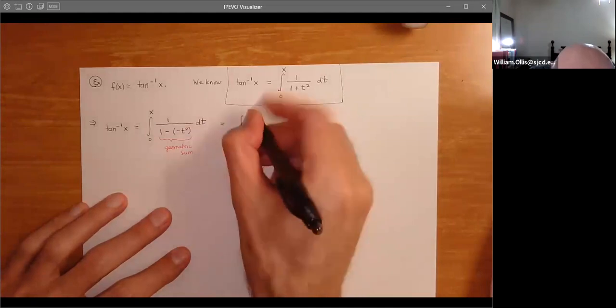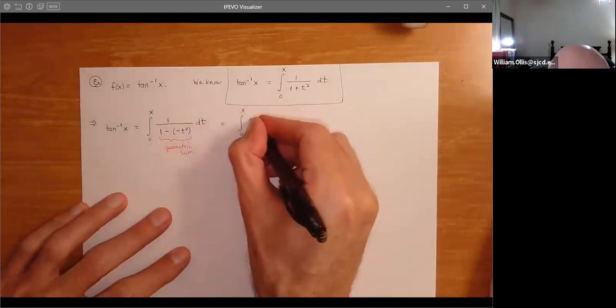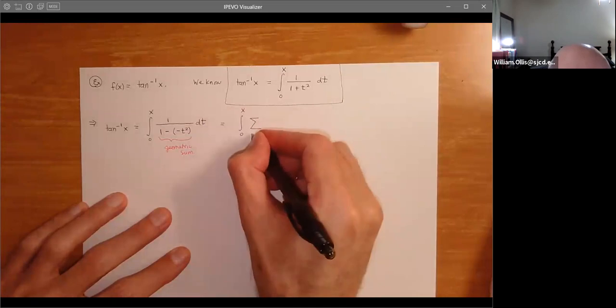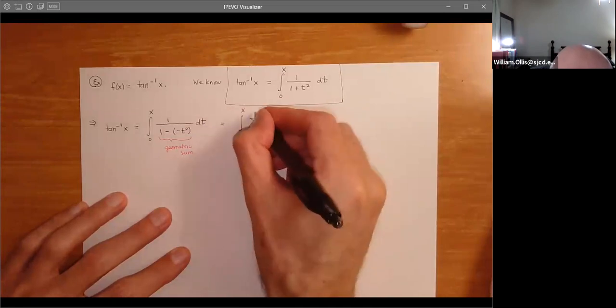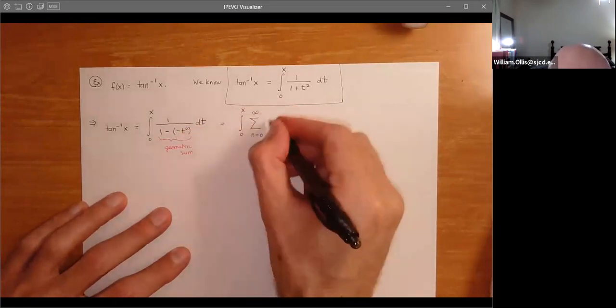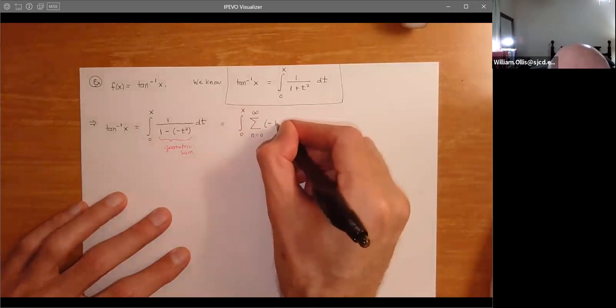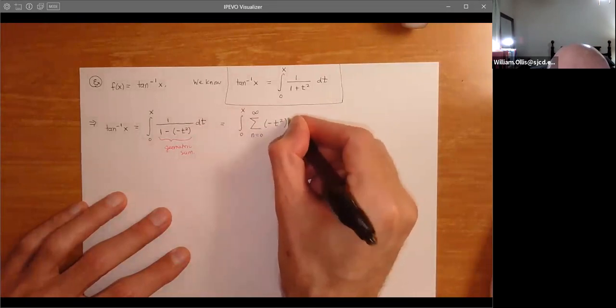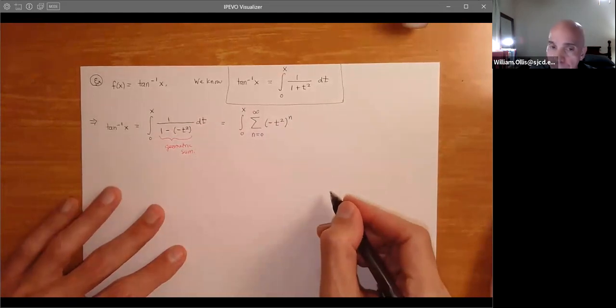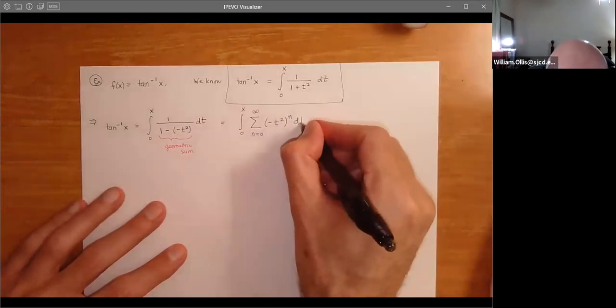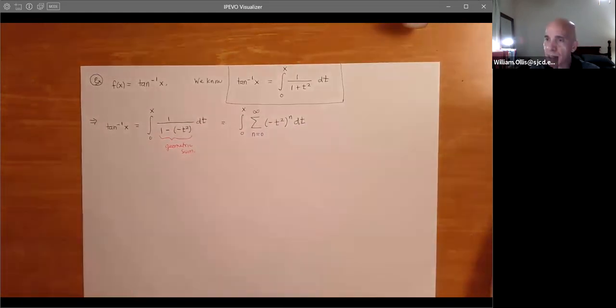So we have 0 to x. So now we have the infinite series, n equals 0 to infinity. There's the new x, so to speak, negative t squared to the nth power, dt. And then we interchange the sum and integral to do the what? Term by term integration.